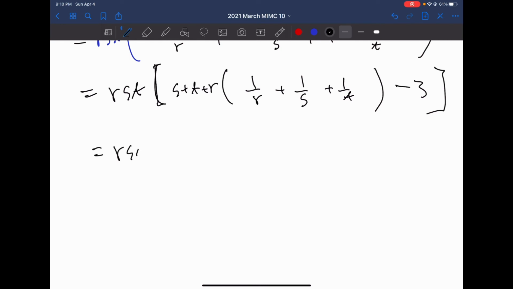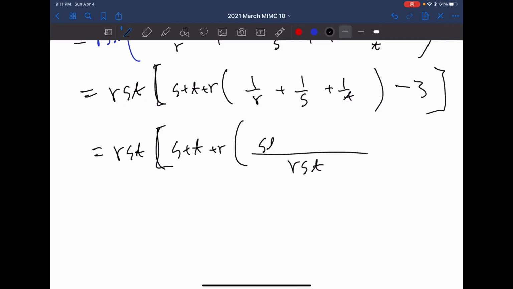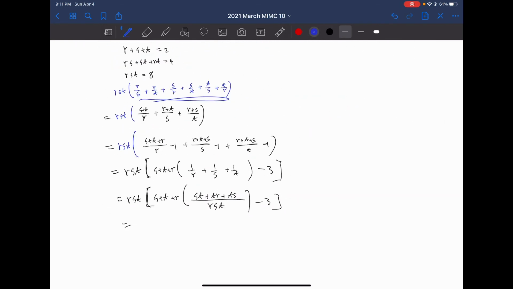So RST times (s plus t plus r) times, if we put that into one fraction, that would be (RS plus ST plus TR) over RST, minus 3. And we know all of the expressions here, so let's put the values in. RST would be 8.